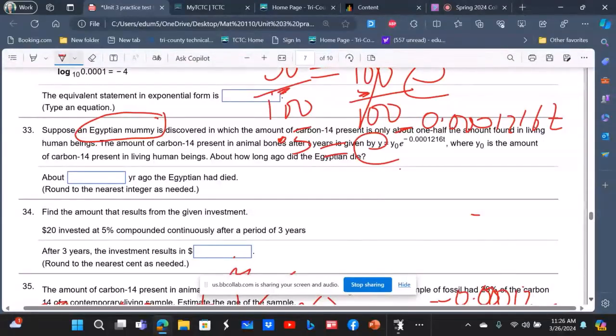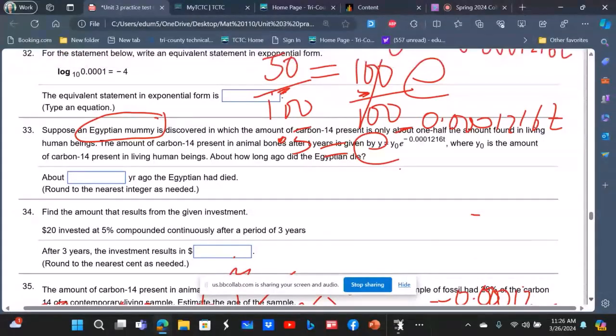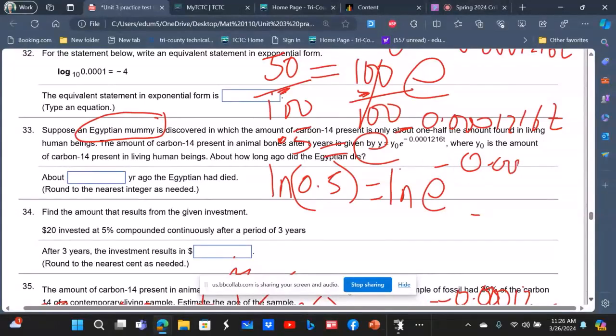So natural log of 0.5 on the left is equal to natural log of e to the power negative 0.0001216 t. We want to solve for t.